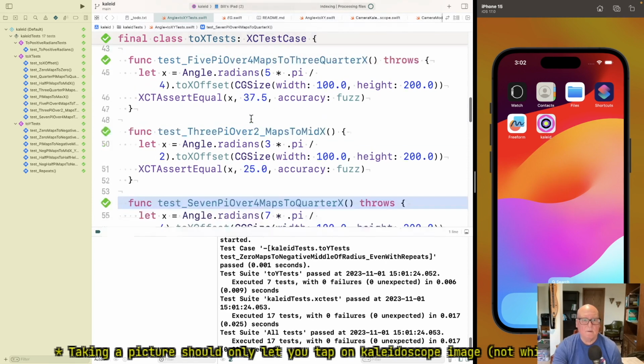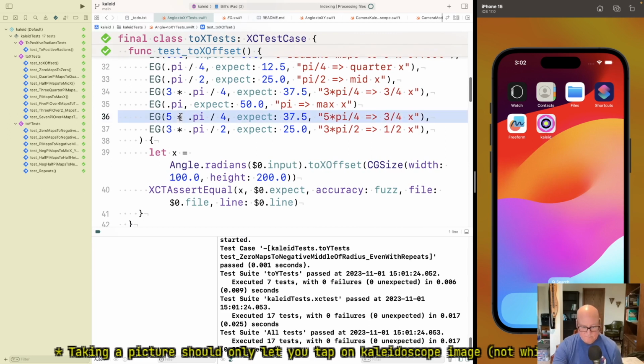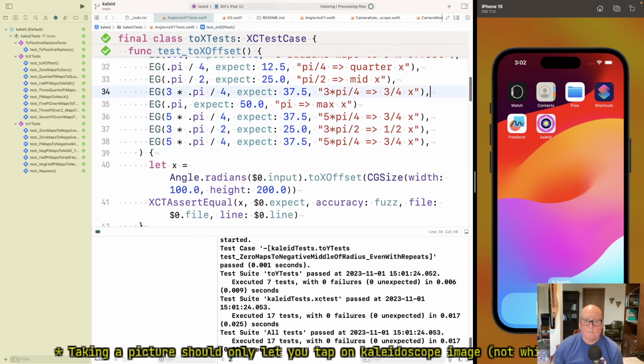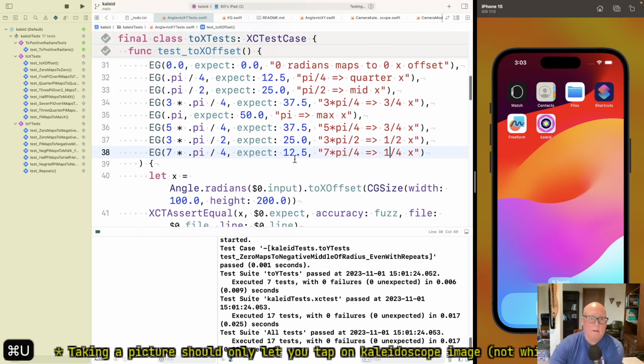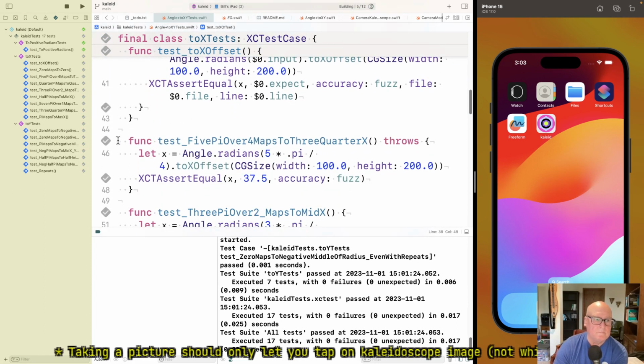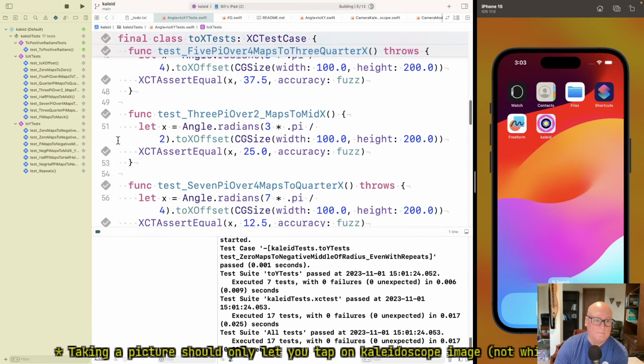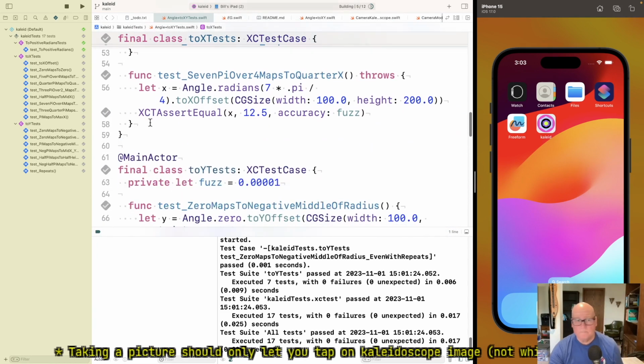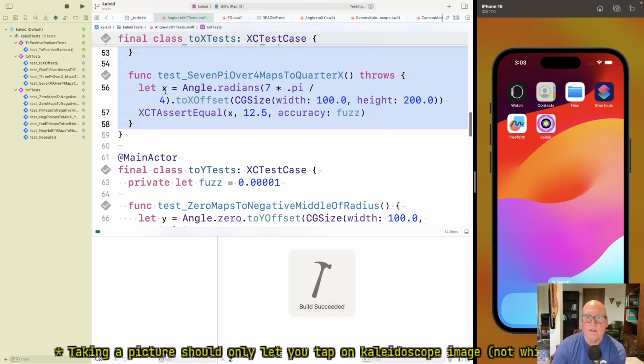Seven pi over 4 maps to quarter x. Am I making this tight stuff bad? Oh, it's going okay.